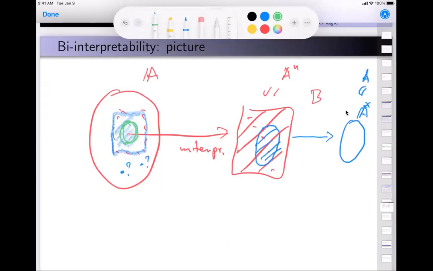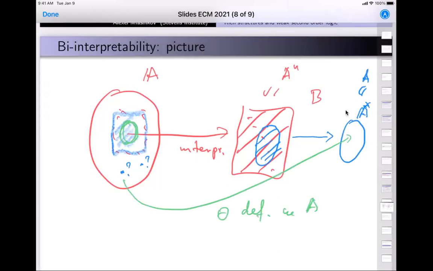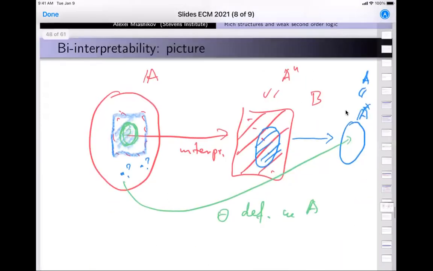And so, if you have an isomorphism, which is definable in A, so B is interpretable in A, A is interpretable in B, but also this little subset over here relates by theta to the whole structure.